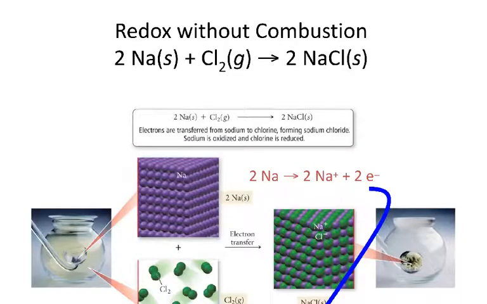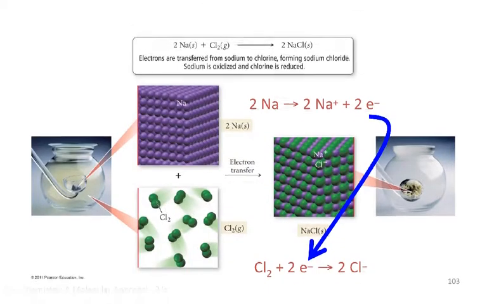We can also get redox without combustion. So if you take solid sodium and gaseous chlorine, elemental chlorine, and the electrons are transferred from the sodium to the chlorine, then we get solid sodium chloride. Our sodium is oxidized, loses electrons. The chlorine is reduced and gains the electrons.